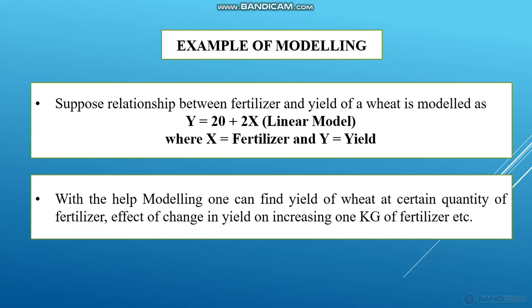This is a linear model, where the variable x is fertilizer and the variable y is yield. With the help of this model one can find the yield of wheat at a certain quantity of fertilizer, and the effect of change in yield on increasing fertilizer by 1 kg, and predict the yield of wheat.